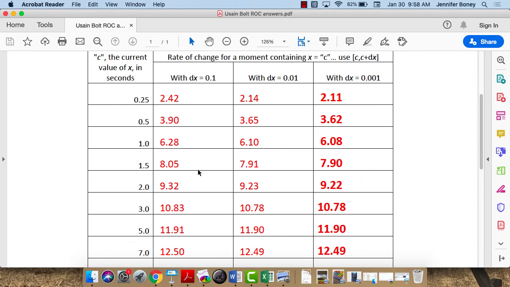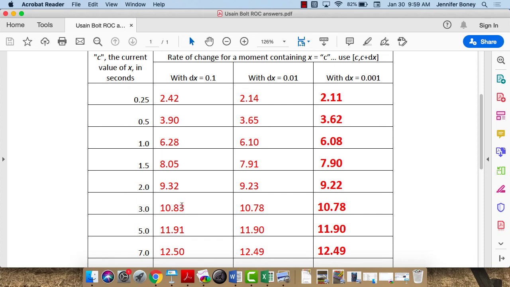So some of these are closer together and some are farther apart. These being pretty close together would probably indicate he is traveling at a pretty constant rate right around 3 seconds into the race, whether I look at a very small interval or a not quite so small interval.